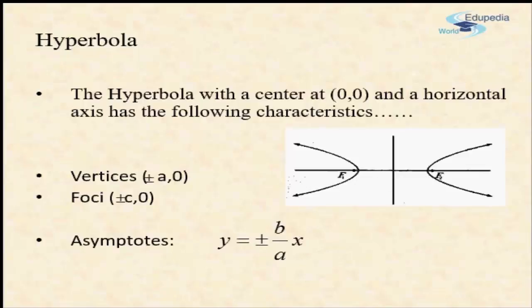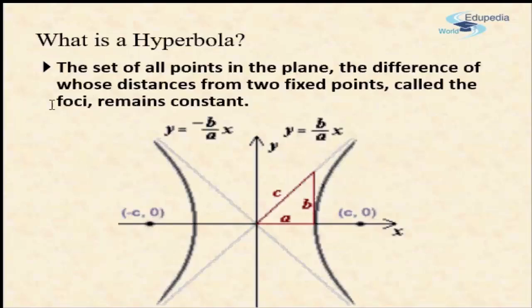Now asymptotes. What are asymptotes? Asymptotes are basically these lines that you see passing through the origin, but they do not touch the hyperbola. I'm talking about these gray lines over here, these lines are called asymptotes.